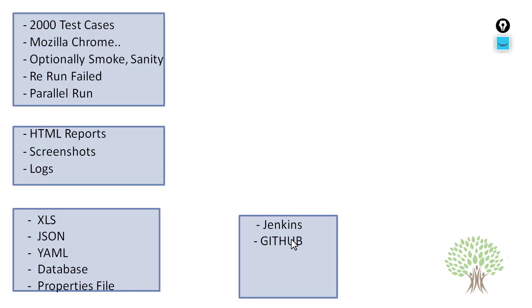But yes, these are some important tools with which you have to integrate your particular project. And moreover, you should be able to integrate it with Selenium Grid. Grid is for parallel running of the test cases, and with other tools like Maven, Ant, which I am going to tell you in some time. So you have to integrate your code along with all these tools.